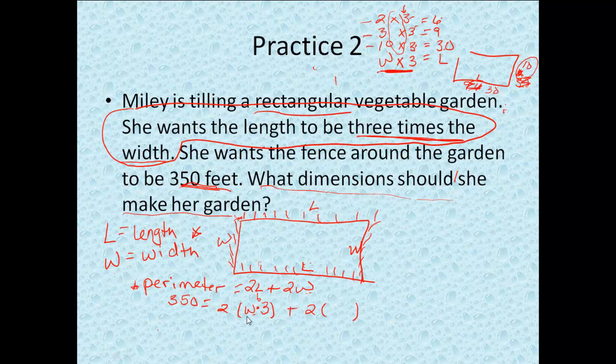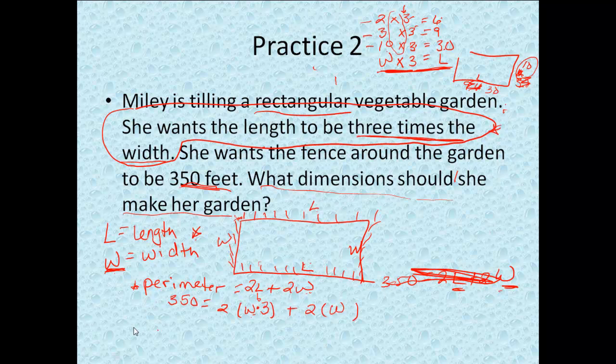We already have W here, so my width is just going to stay W. You might be wondering why I couldn't just go 350 is equal to 2L plus 2W. The reason is that right now it has 2 variables in there, and we can't get a numeric answer with 2 variables. So I had to use this piece of information to figure out what L is actually equal to. Now I have a problem that I can solve.